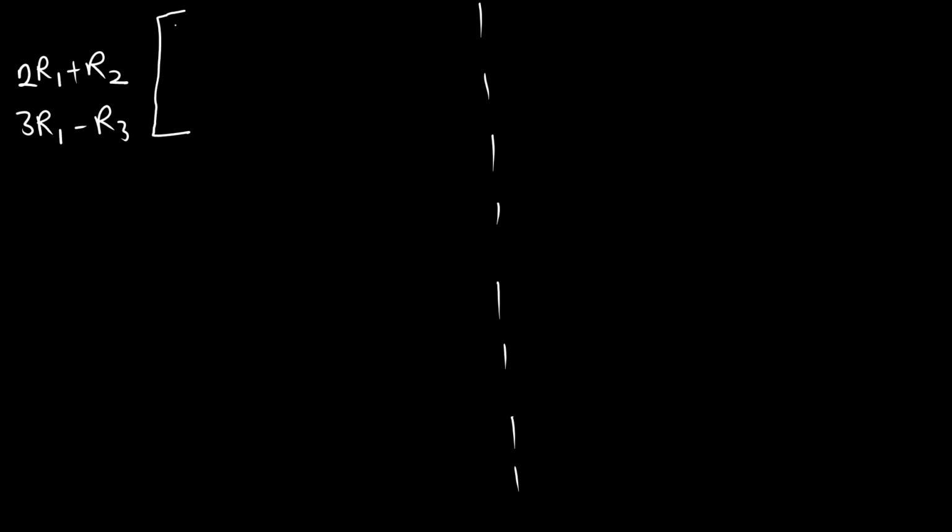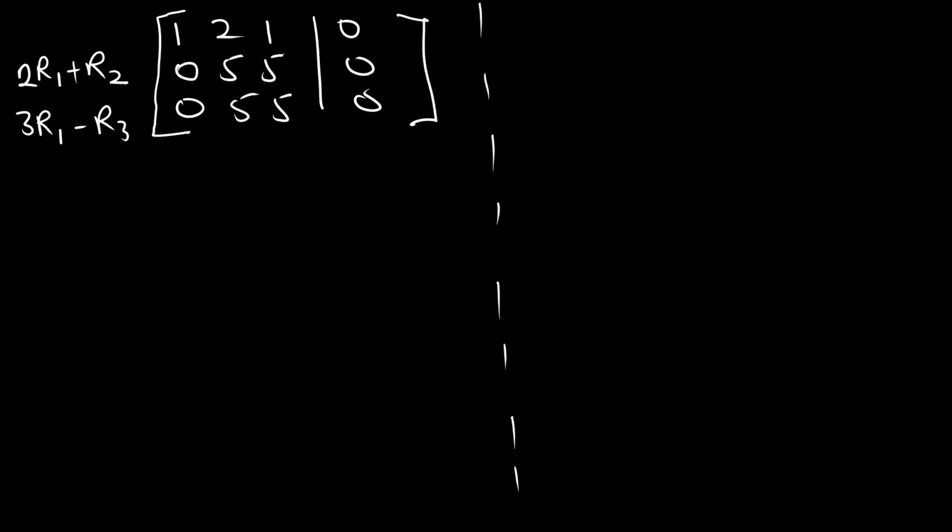Row 1 remains the same, 1, 2, 1 into 0. Performing the operation on row 2, you are going to get 0, 5, 5 on 0. And row 3 will be the same, 0, 5, 5 on 0, like this. So equation 1, this represents equation 2, this represents 3.